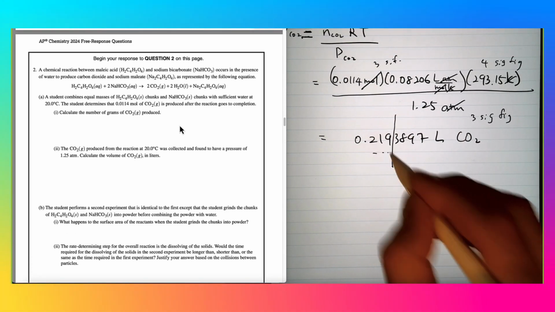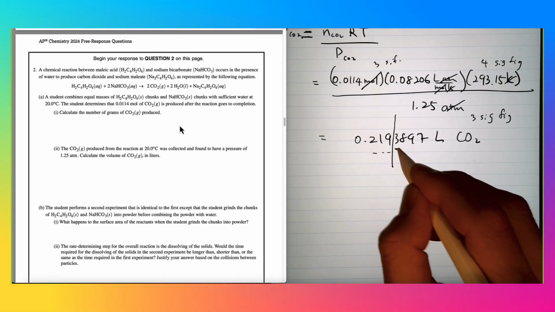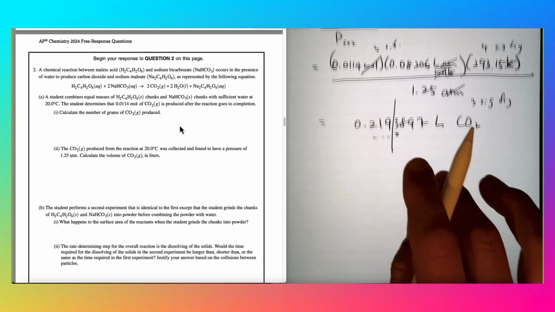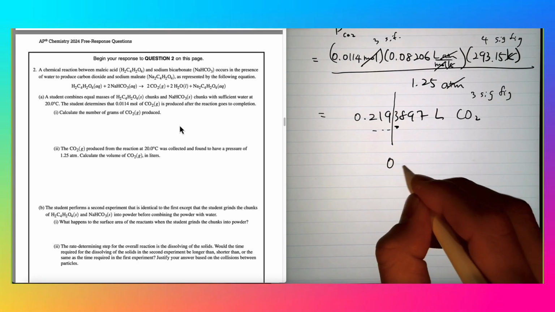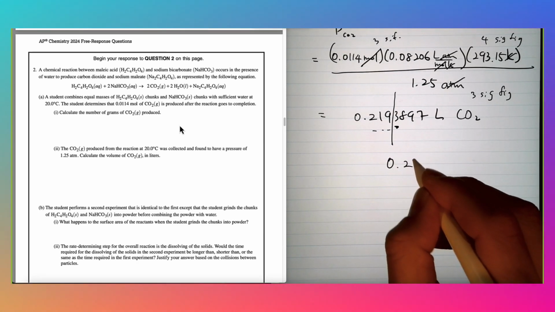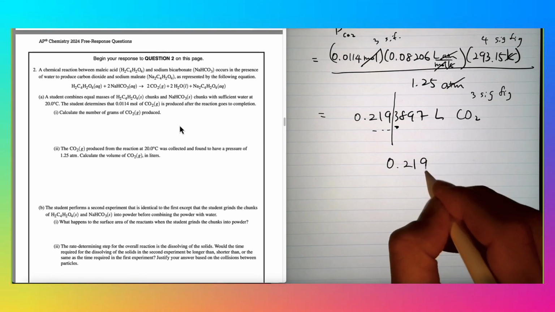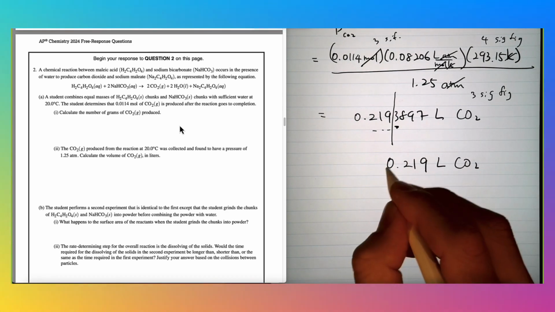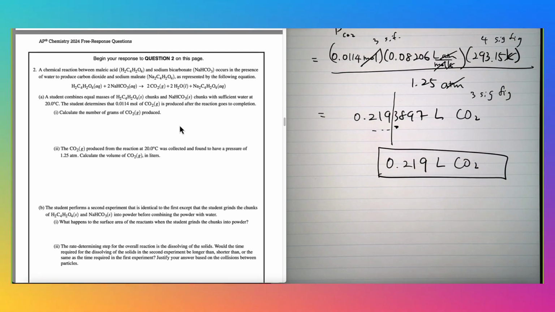We have 1, 2, 3. And our ten-thousandths place is not 5 or higher, so we need to round it down. So your answer should be 0.219 liter of carbon dioxide. Okay, that's your answer.